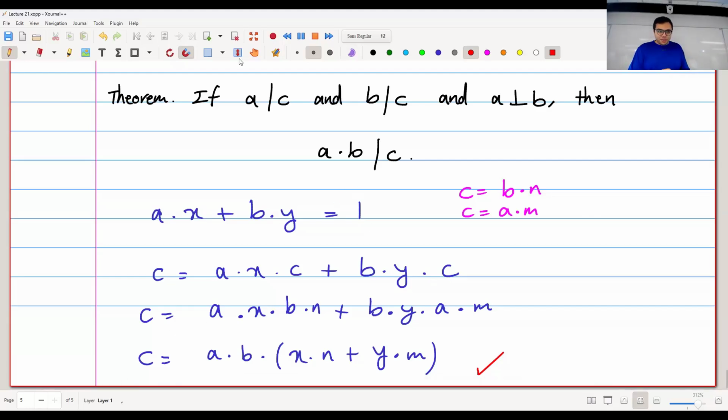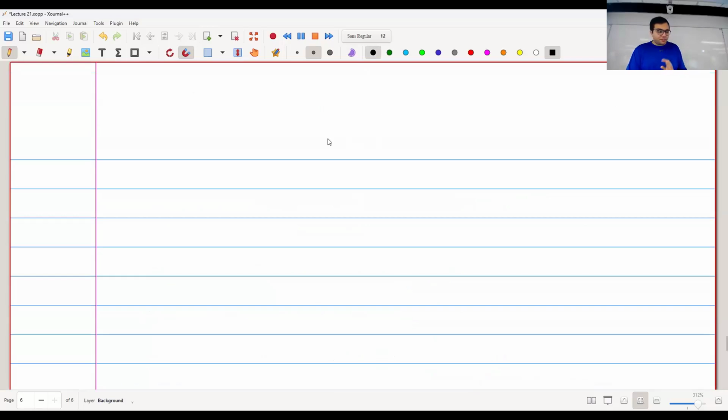Now I want to do another theorem which is actually very important, and this is called Euclid's lemma. It's called the lemma, but it's super important. Again, this is something where you would be easily able to prove it if you had the fundamental theorem, but you don't have it yet.